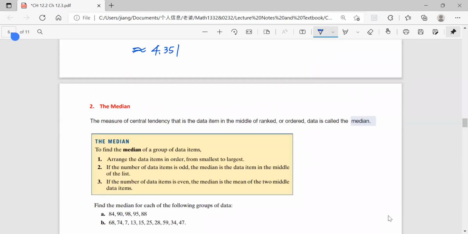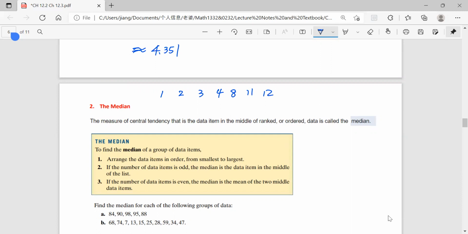If I have data like 1, 2, 3, 4, maybe 8, 11, 12. So I have 1, 2, 3, 4, 5, 6, 7, seven data items like these, and the data is ordered from the smallest number to the largest number.